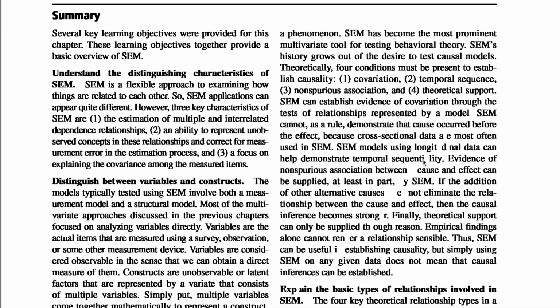Evidence of a non-spurious association between the cause and effect can be supplied at least in part by structural equation modeling. If the addition of other alternative causes does not eliminate the relationship between the cause and effect, then the causal inference becomes stronger.